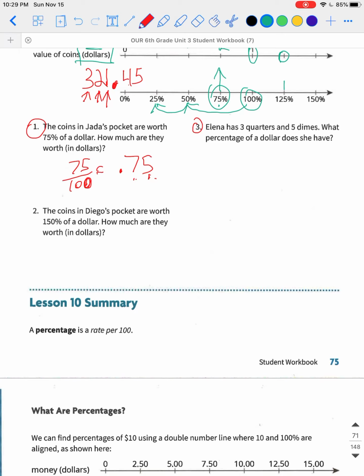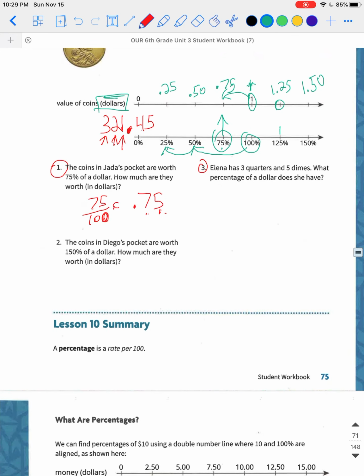Elena has 3 quarters and 5 dimes. What percent of a dollar does she have? So we know that she has 3 quarters, and each quarter is worth 25 cents. I'm going to multiply that by 3 because she has 3 of them.